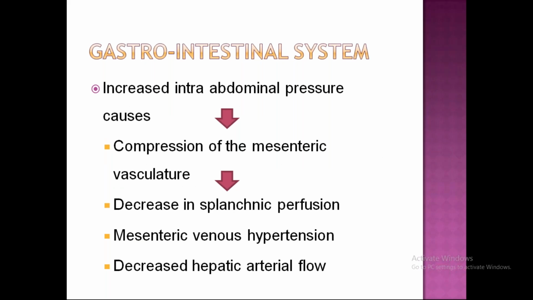Next system is gastrointestinal system, GIT. Increased intra-abdominal pressure causes compression of the mesenteric vasculature. Decrease in splanchnic perfusion.